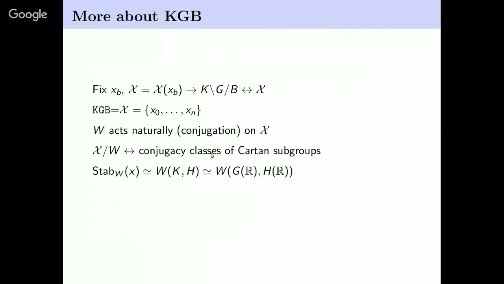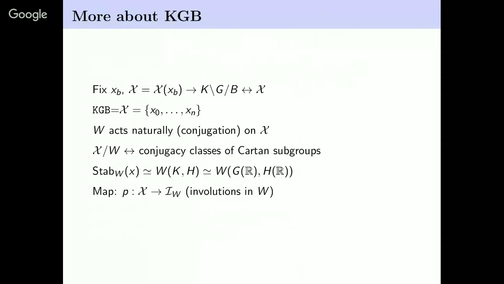This last term here I've written, it's the Weyl group of the real form with respect to that Cartan. Back in the theta world, you can think of it as being W_KH, but maybe it's slightly more familiar to talk about the real Cartan subgroup.